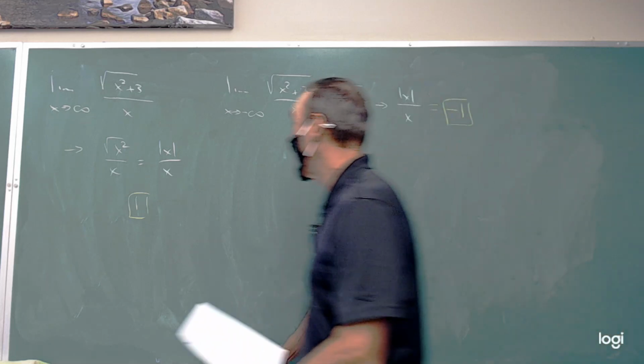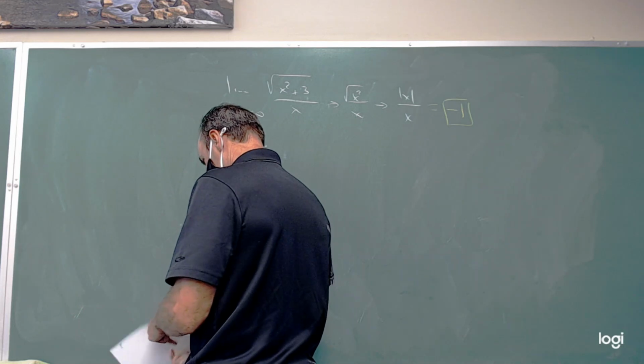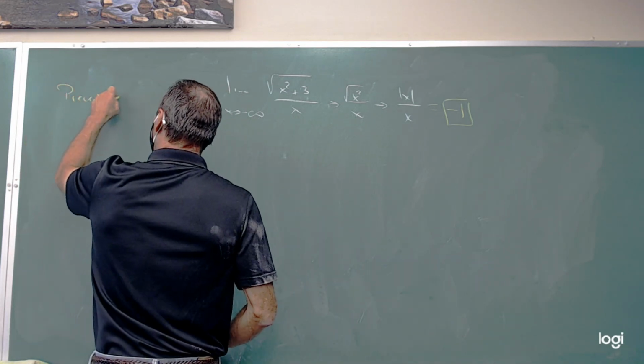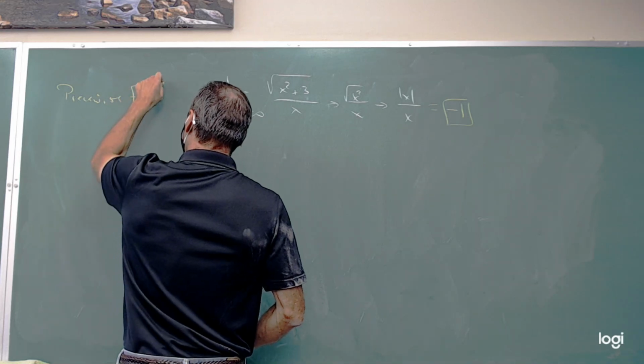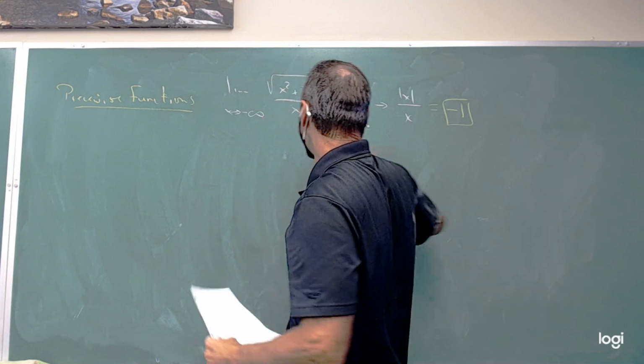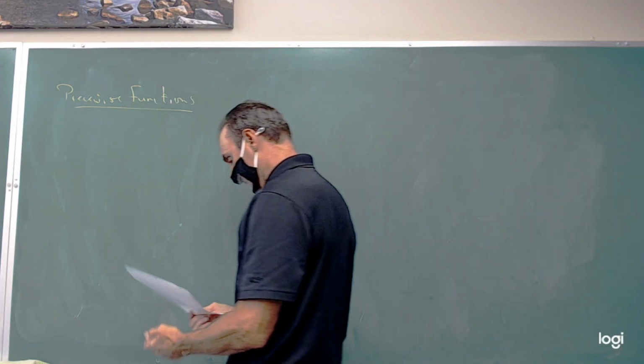Let's talk about a piecewise function in the 2 minutes we have left. Oh, you thought you were done with these. You're never done with those. That's a recurring nightmare.